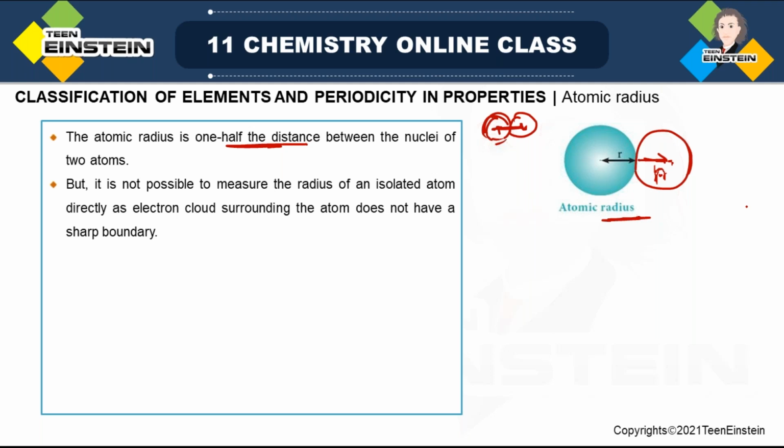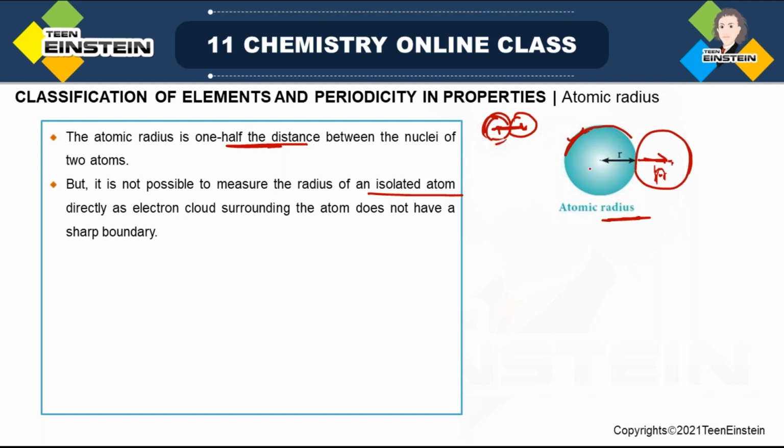But why do we not consider an individual atom? Why is the definition given considering two atoms? Why is it not based on one atom? This is because it is not possible to measure the radius of an isolated atom directly. Though here the picture is given like this, actually the electron's position is not fixed. There is a probability. There is an electron cloud surrounding the atom. So what is the actual ending point? Though a defined line is given here, it is actually imaginary.